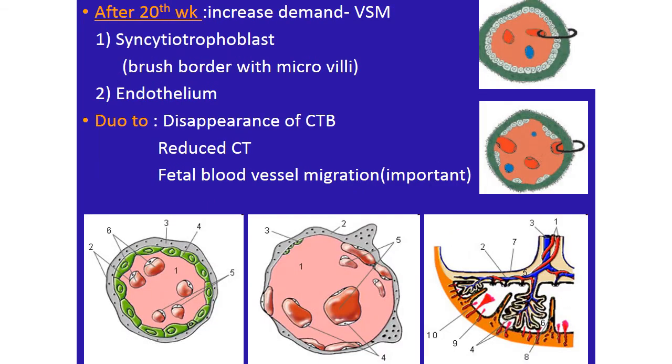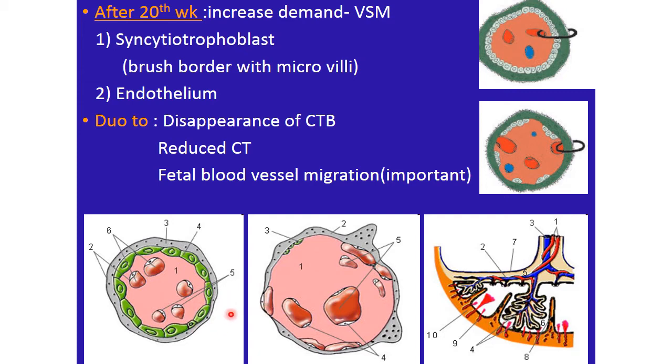But after that the demand increases, and that increased demand causes a need for rapid transport of the exchanging material, and that is accomplished by the disappearance of the cytotrophoblast layer, reduced connective tissue amount of the mesoderm, and also a very important factor, the migration of the fetal blood vessels from the core of the tertiary villi towards the peripheral part of the tertiary villi.